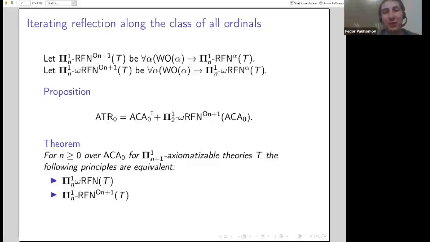So for example, one standard way to formulate the system ATR naught is that it's ACA naught plus: for every well ordering alpha, there exists the alpha times iterated Turing jump. One should be a bit careful about how exactly it's formulated, but basically it's that.